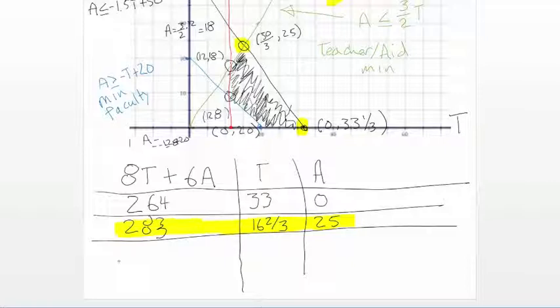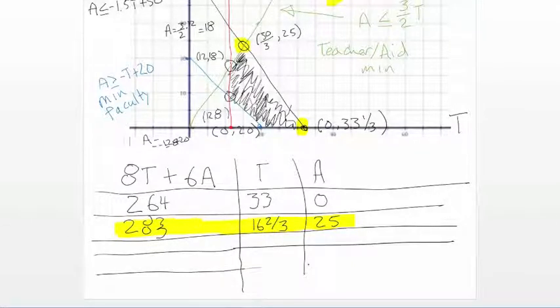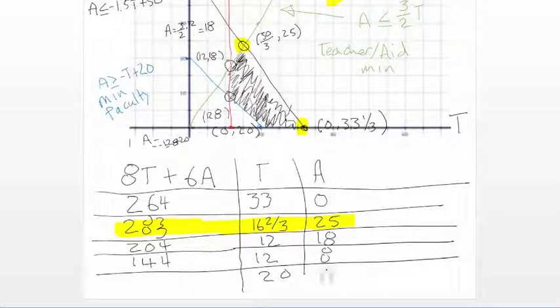Just to round this out, I'm going to check the other 3 coordinates, and you'll see that they all have lower numbers. That's basically because the y-intercept equals max over 6, and the y-intercept is going to get to be less and less as the line moves to the left.